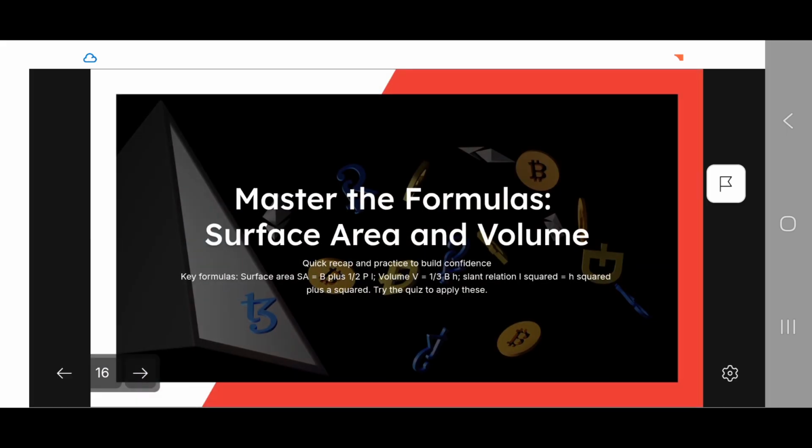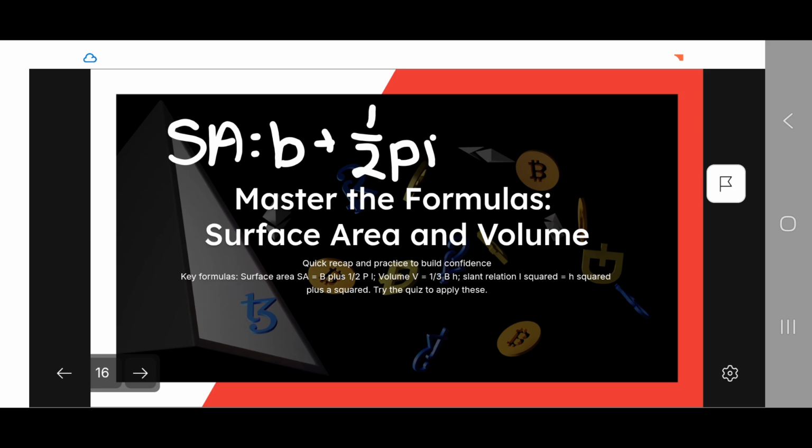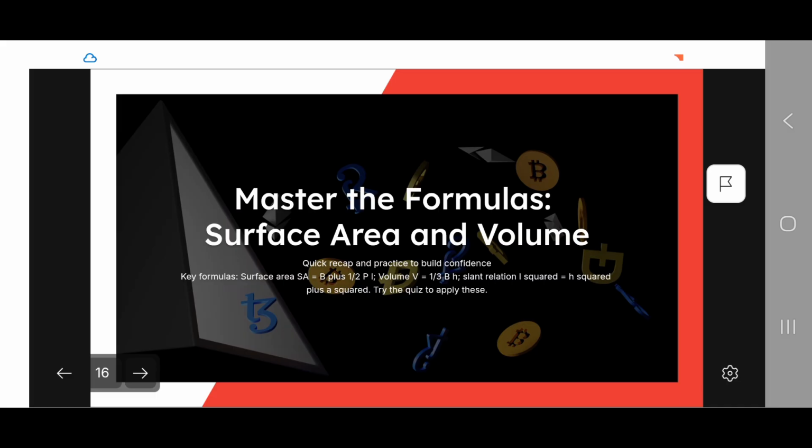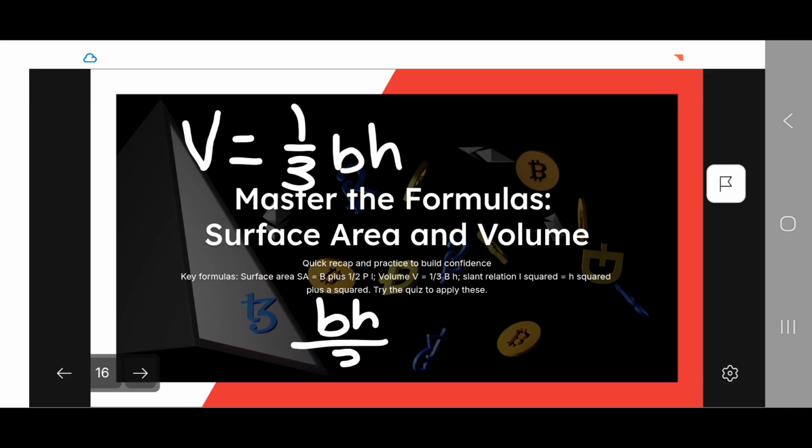So master the formulas, surface area and volume, the last slide. So key formulas. I'm going to write some down. So surface area is equal to B plus 1/2 perimeter times l. Volume equals a third base times height, or base times height divided by 3.